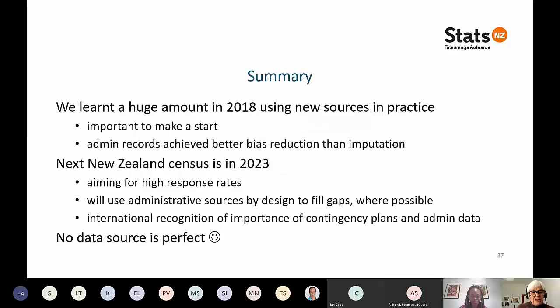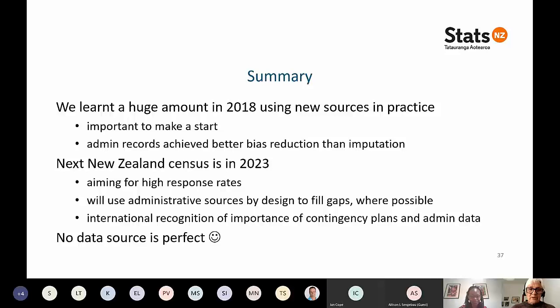And so to summarise again, this is the point that Anne made. We learnt a huge amount in the 2018 census using these new sources in practice. There are things you have to deal with that you don't realise in an abstract or research kind of situation. We didn't always get it right, but it was really important to make a start.